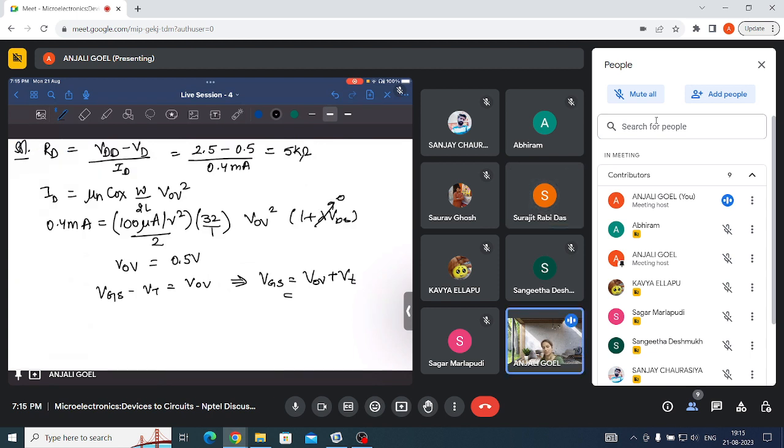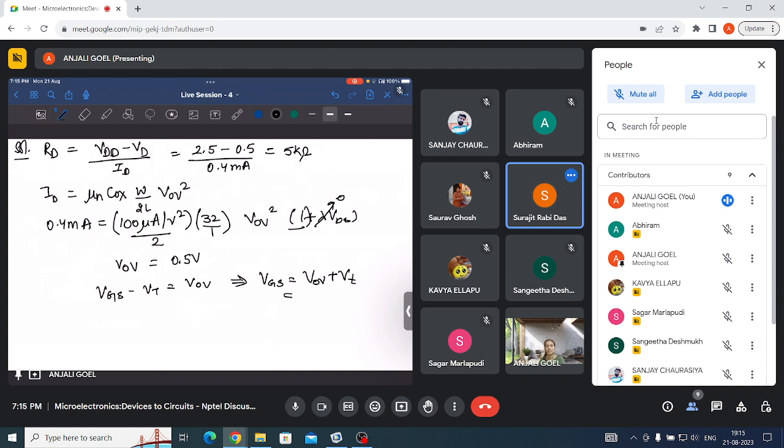So this is 0, so this becomes your entire equation. However, there is no significance of channel length modulation in the linear region. Yeah, but without calculating the VDS, how can we know the region directly?